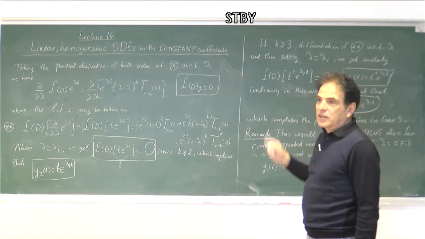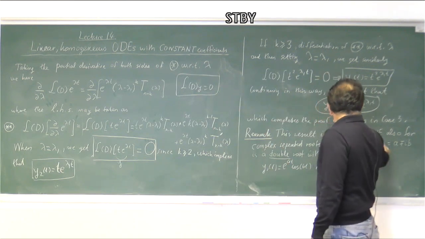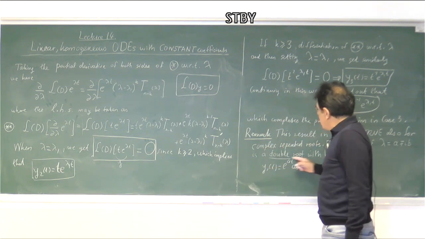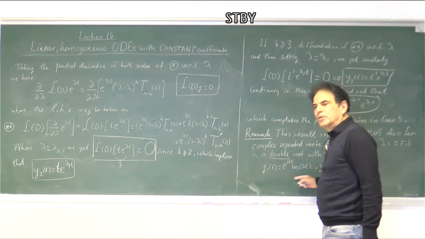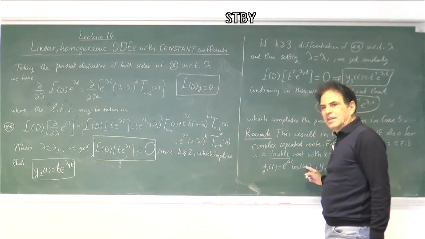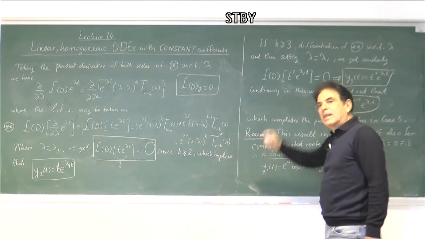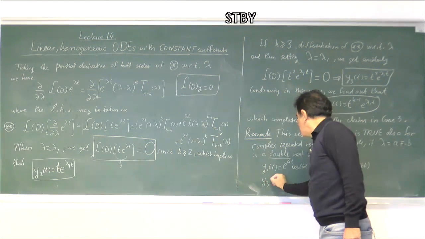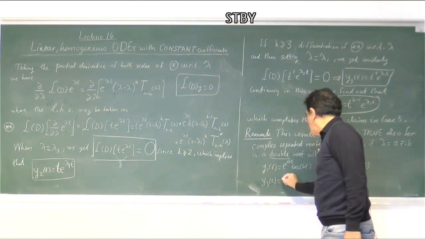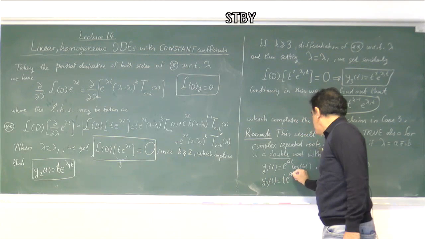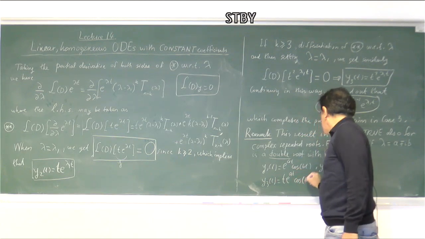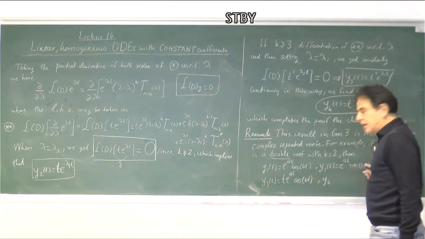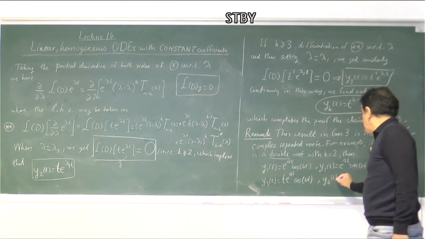y2, e to power at sin bt, is a solution. And now case 3 tells us that because this root is a double root, multiplying the first solution by t, we get another solution. So the third solution is t times e to power at cos bt. And it is true for this as well.